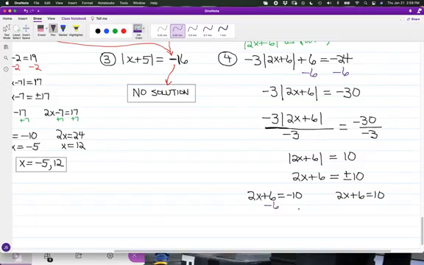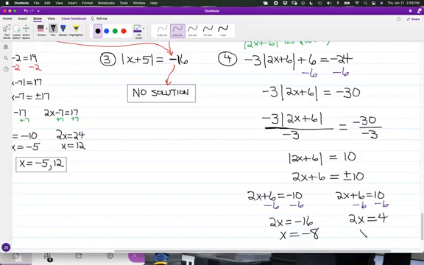If I isolate the x term by taking 6 away from both sides, you have 2x equal to negative 10 minus 6, which is negative 16. Division by 2 leads to x equal to negative 8. Taking 6 away from both sides in the second equation, we have 2x equal to 4, and with division by 2, x is equal to 2.